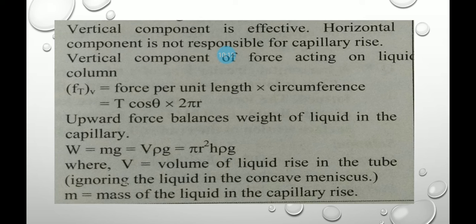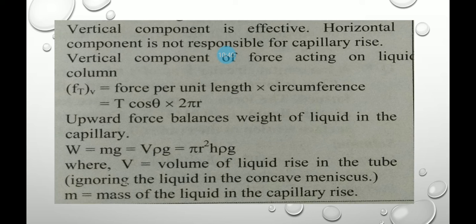The vertical component of force acting on the liquid column, that is FTV, is equals to force per unit length into circumference, that is T into cos theta into twice pi r. The upward force balances the weight of the liquid in the capillary, that is W is equals to mg is equals to V rho g is equals to pi r square into h rho g.